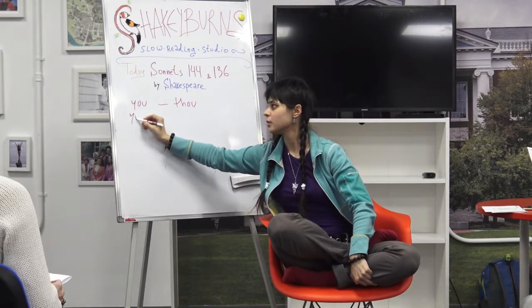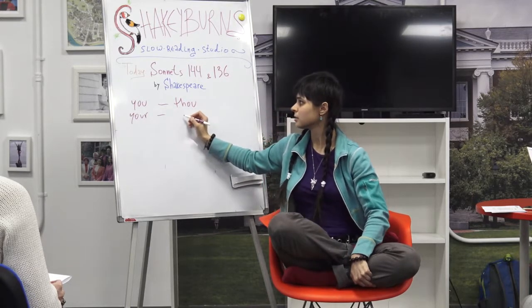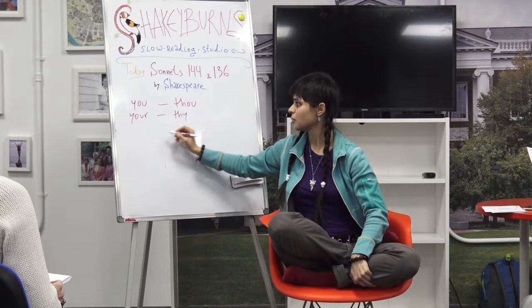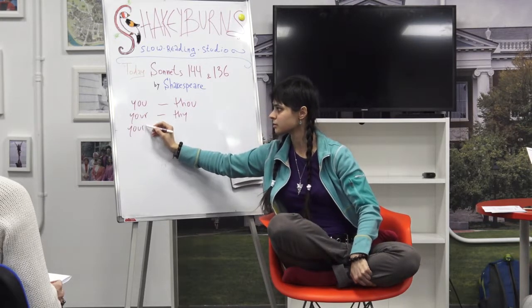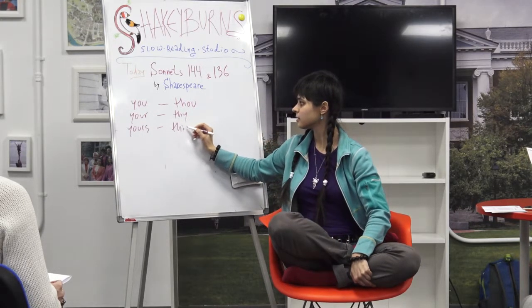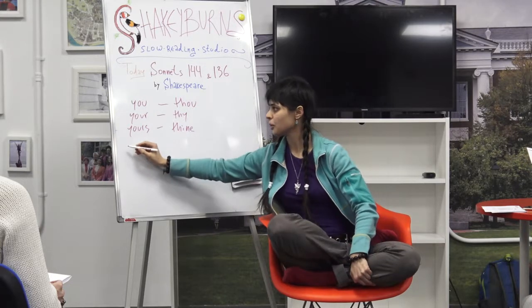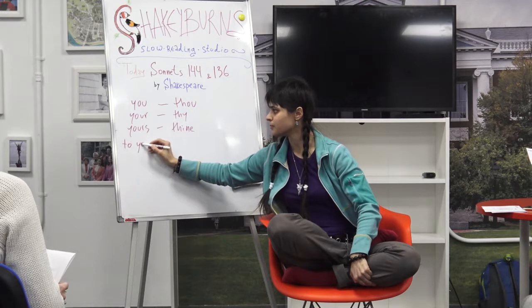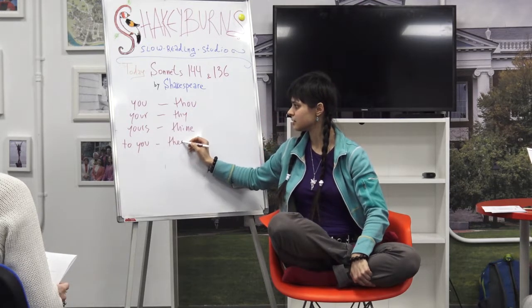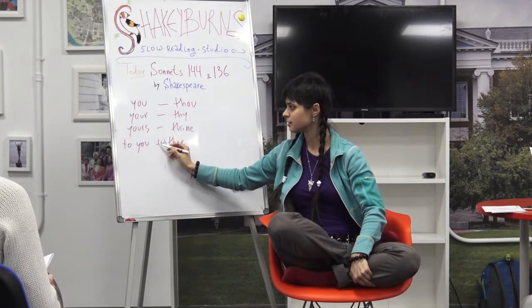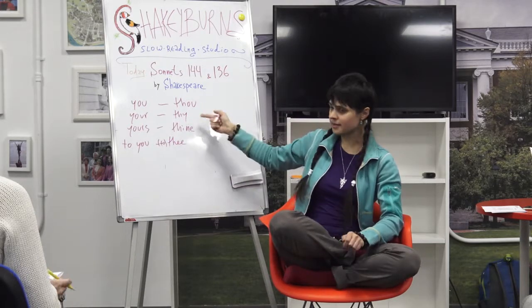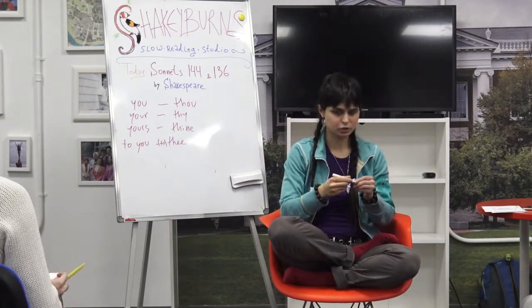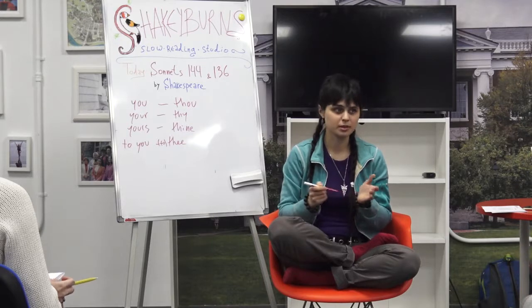We have your, thy, thine. And we have you, which is indirect object, like to you, and that is thee. To thee. So I think these are very, very powerful, very strong words. I think we should use them in our everyday life more.